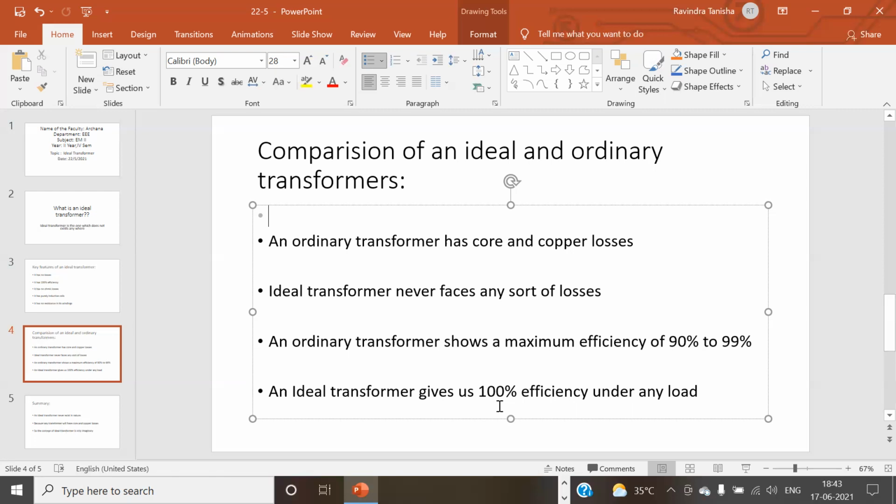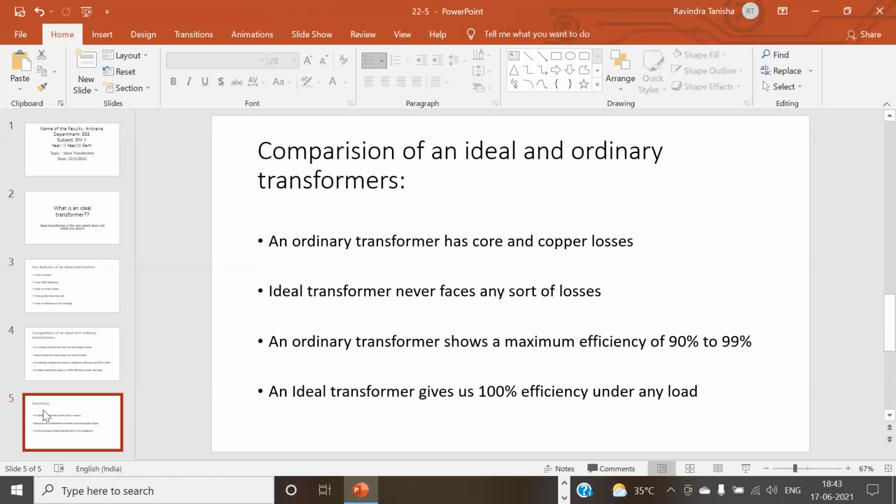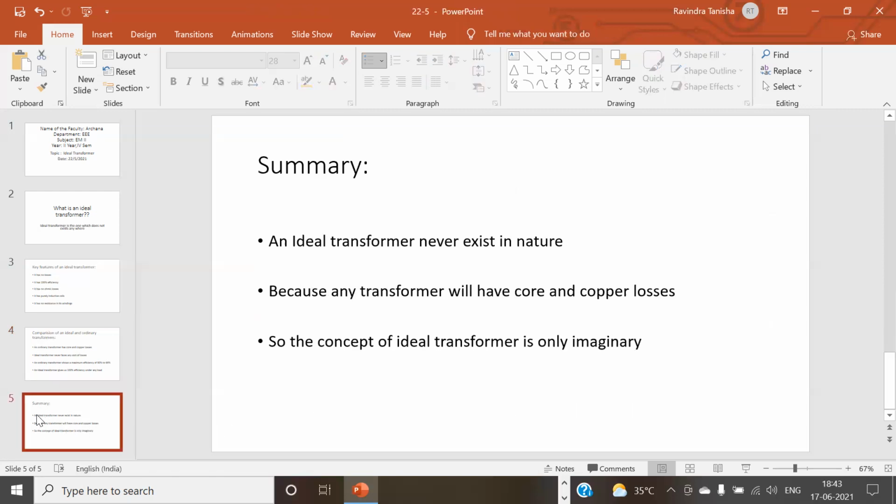So practically, nowhere does an ideal transformer exist. That means any transformer has to face these basic iron and copper losses. So the concept of an ideal transformer is only for the sake of comparing the conventional transformer with the best system.